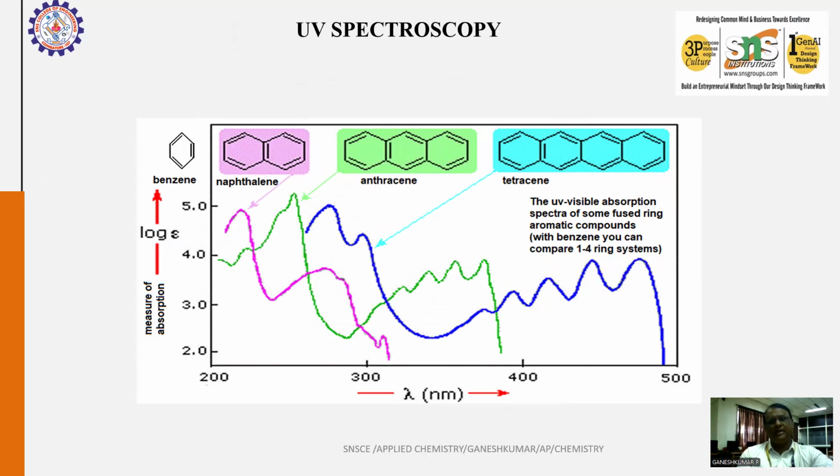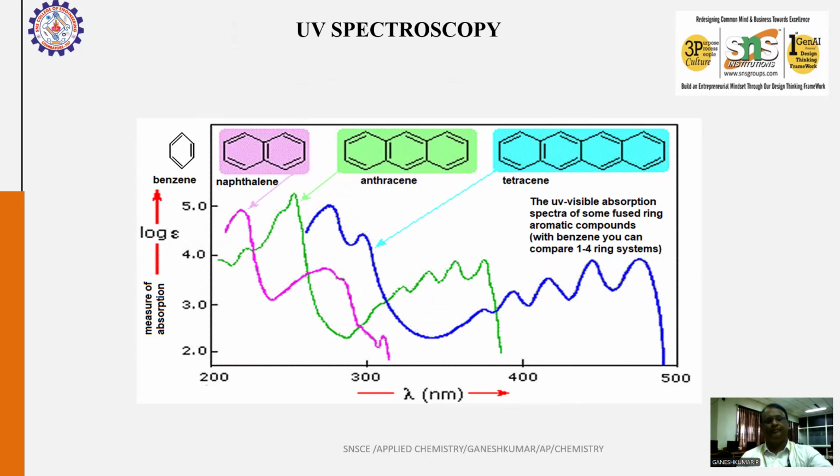I'm showing here a typical ultraviolet spectrum. We have various wavelength peaks, one in violet, blue, and green. Based on these peaks and the lambda maximum value, we can analyze the compound.